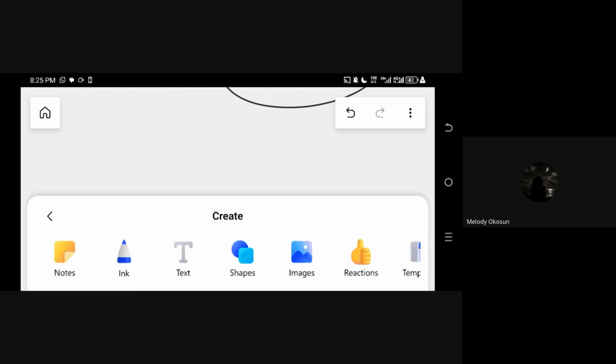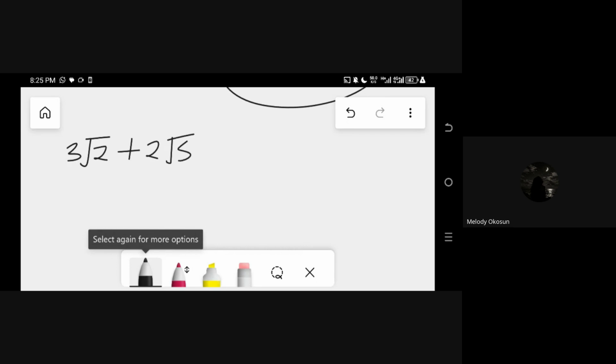So let's just say the question is 3 root 2 plus 2 root 5 over root 2 minus root 5.